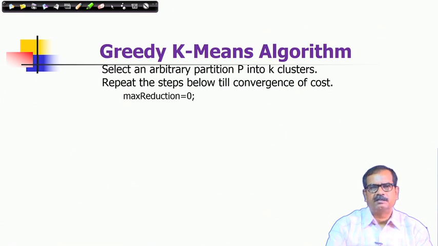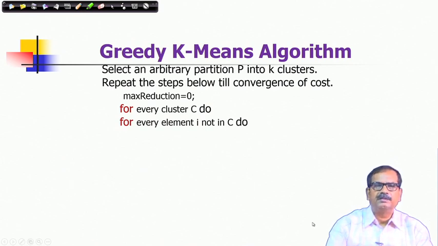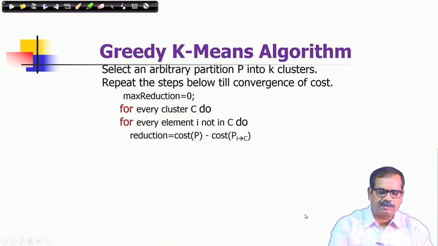If there is no reduction for some iterations, then we can stop. Initially it is initialized with 0, and then for every cluster C and for every element which is not in C, you perform these operations.